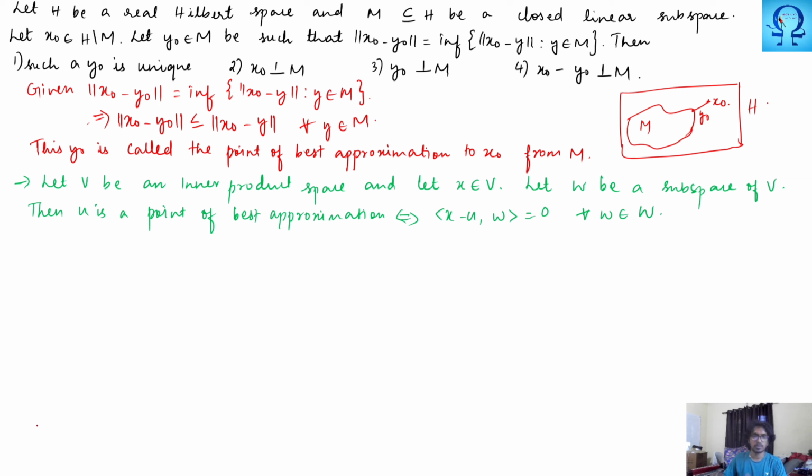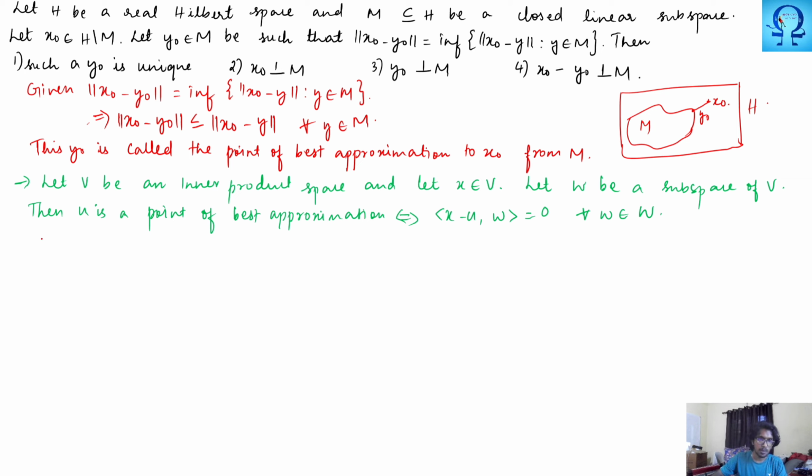Okay, now so we have the best approximation to x naught, and that is what we are denoting as y naught. Now in option 1, what are they doing? They are asking for the uniqueness of that y naught.